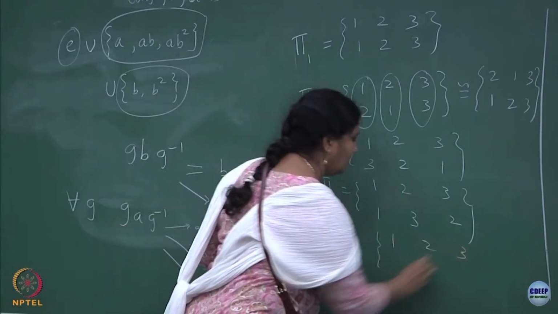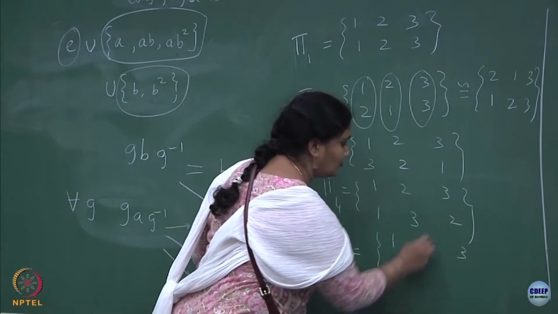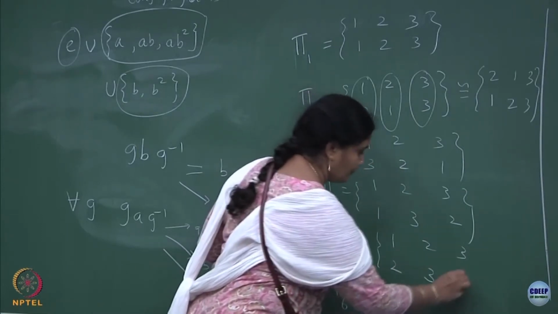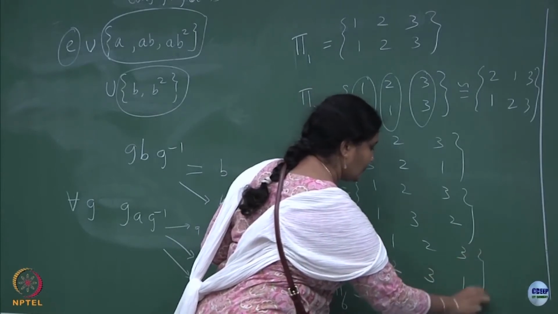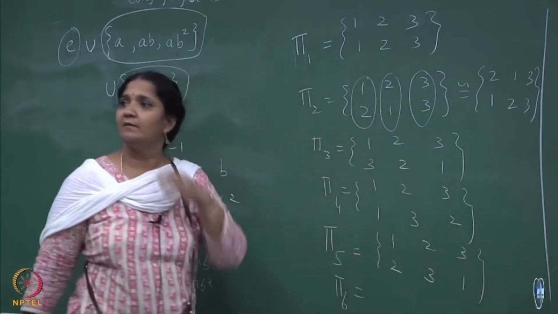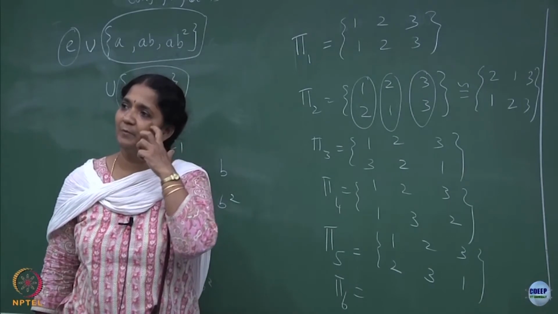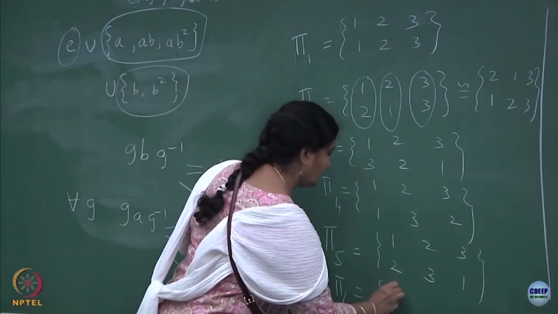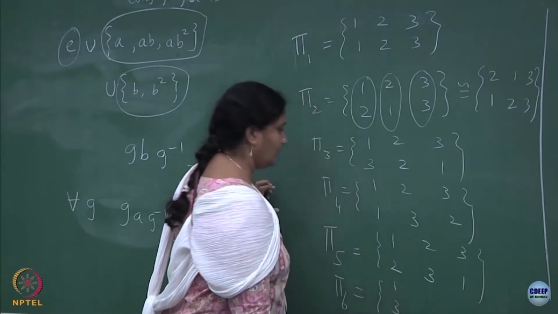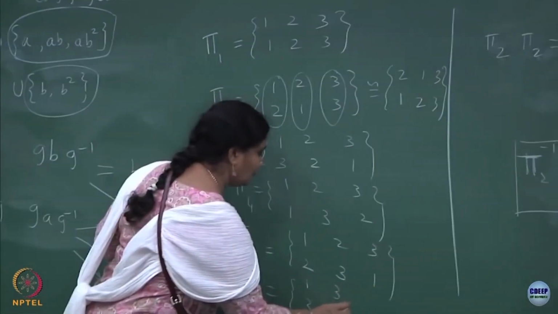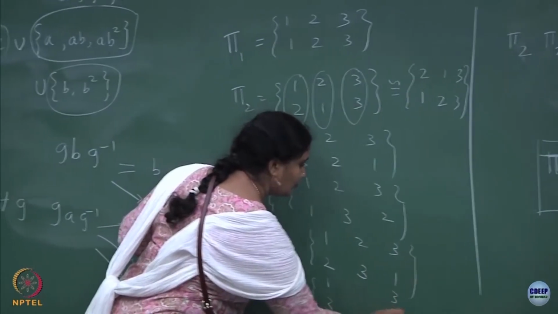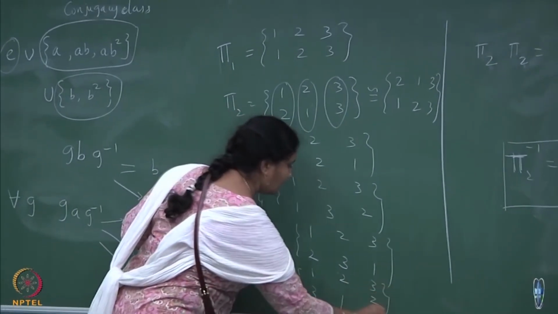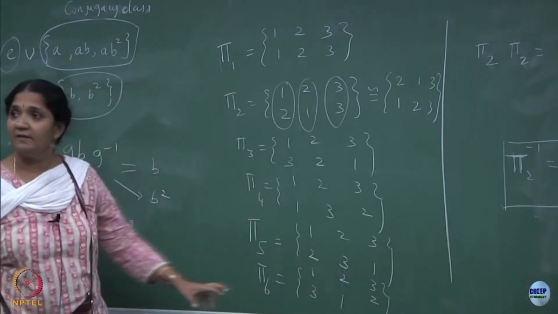But what is this going to be? 1, 2, 3. 1 can go to 2, 2 can go to 3, 3 can go to 1. This is one possibility, cyclic permutation. Other one is 1 goes to 3, 3 goes to 2, 2 goes to 1. Am I right?